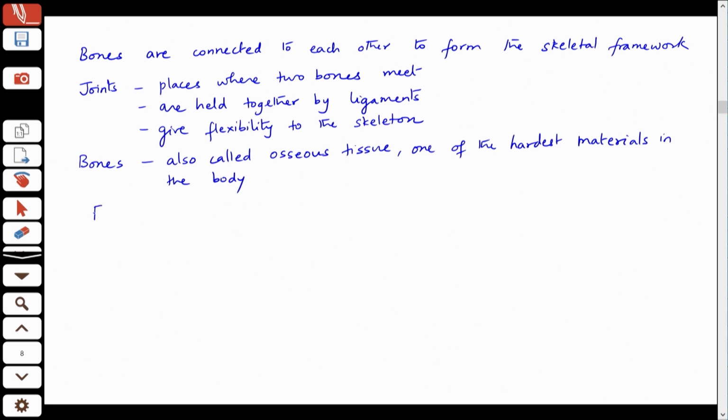So, the formation of strong bones goes from cartilage to osteoblasts to osteocytes in adults. To form strong bones, you need adequate minerals.